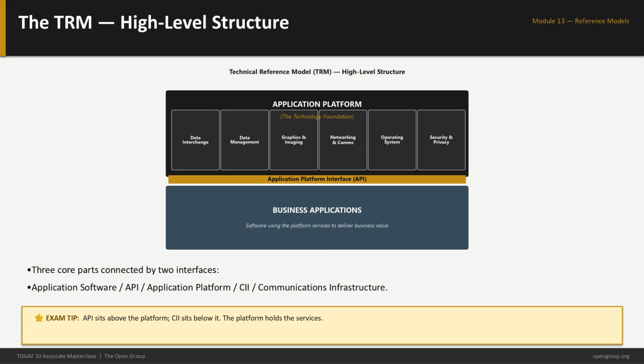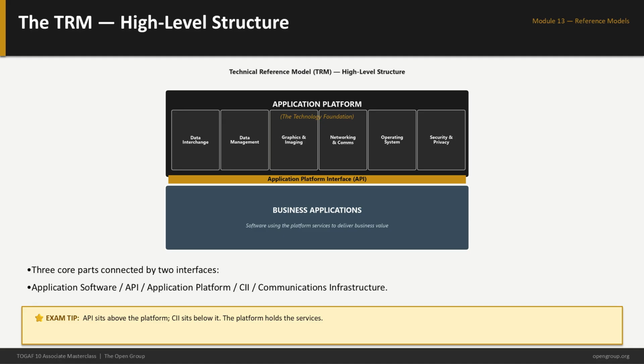Let's look at the structure shown on screen, because it has a logic worth understanding. There are three core parts, stacked vertically, connected by two interfaces. At the top is the application software. Below it sits the application platform interface, the API. Beneath that is the application platform itself, which holds all the platform services.